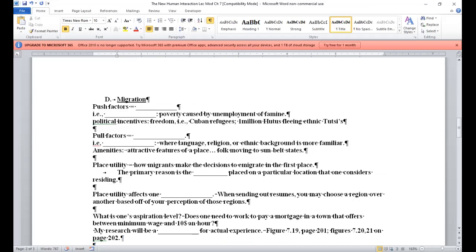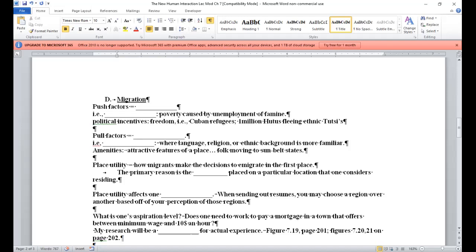I had a student several years ago who had an idea about a certain area in Tennessee, and she told me she changed her mind. She did a little research on it. She found out that the area she was looking at led the state in carjackings. So that research changed her opinion.